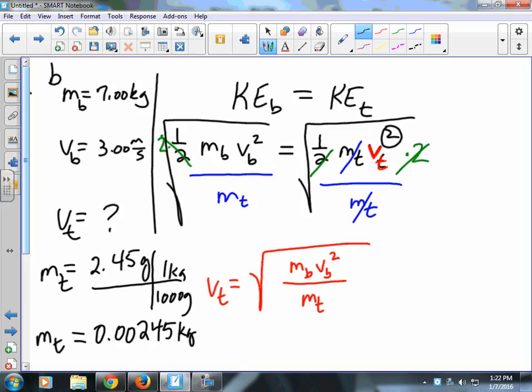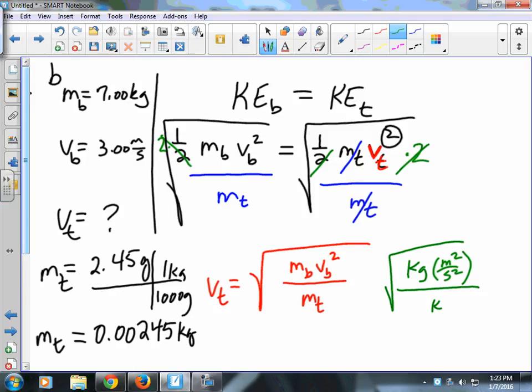Okay, so let's check our units. This is gonna be kilograms times, when you square velocity, that's gonna be meters per second, quantity squared, that's meters squared over seconds squared, over kilogram, and you're taking square root, right?